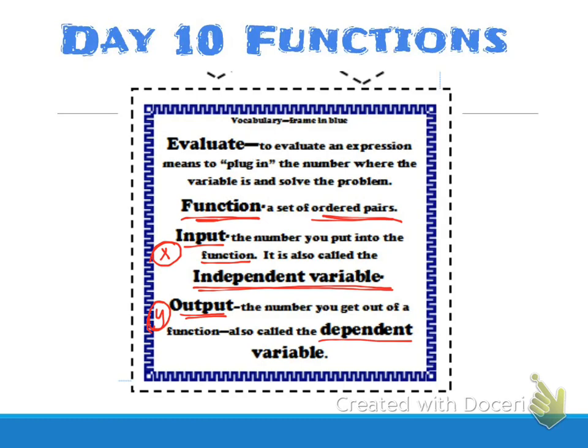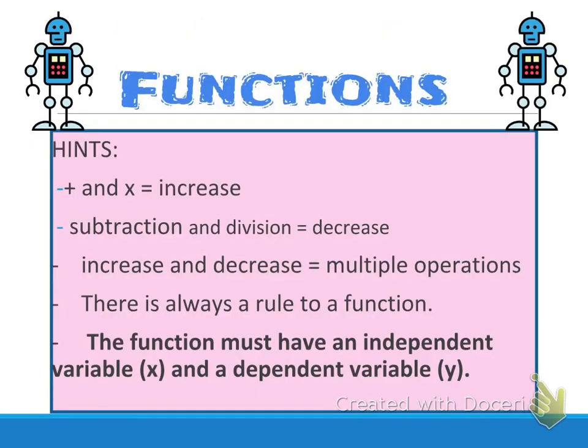So we call it the dependent variable. Dependent means it depends on what you put in. Okay, if something is dependent on something else, whatever you do the first time affects the second one. So for the x, we can put in whatever number we want to, but for the y, it's going to be based on what we put in. Okay?